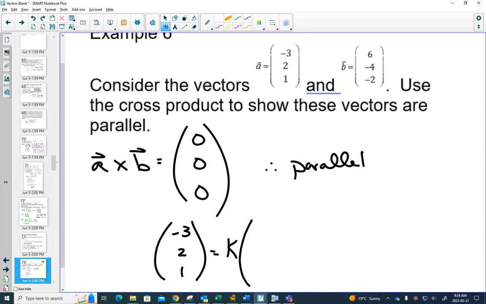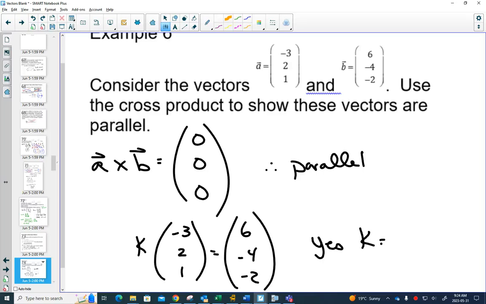is there a k value? Oh, I'd probably put the k here. You can put the k on either side, but this way the math is easier. Is there a k value that makes that work? Yes. -2 would work.